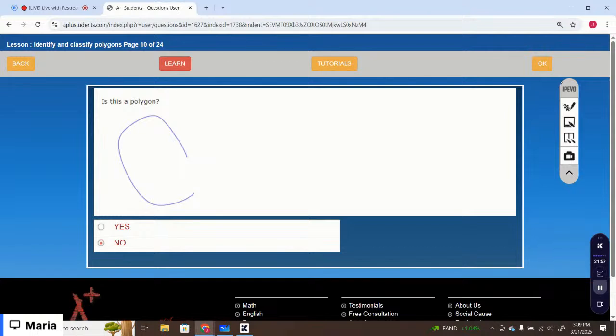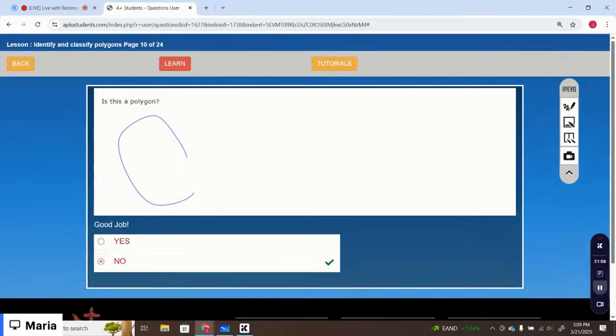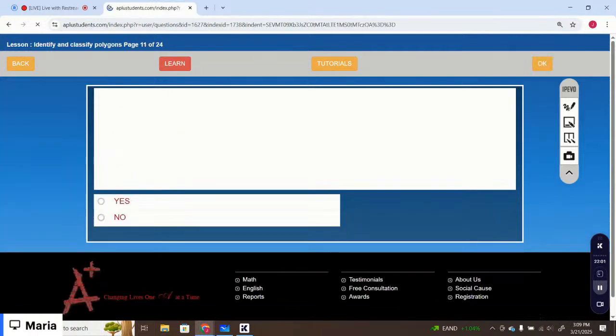No, that is not a polygon. The correct option is no. Is this a polygon?